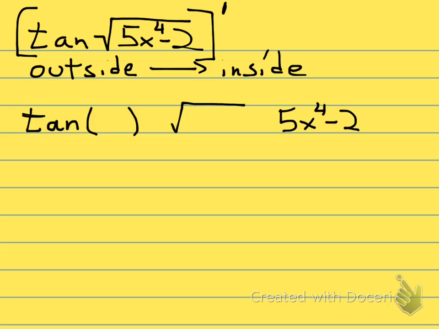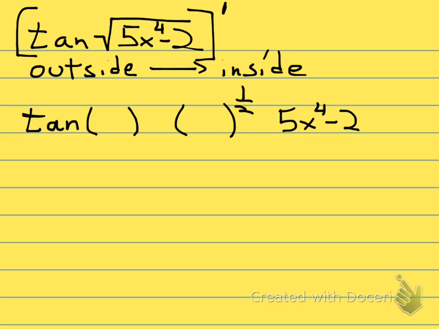Now, remember, this inside function, the square root, I am going to write that as to the 1/2 power. Instead of the square root, I just rewrote this to the 1/2 power. So now I am taking the derivative from outside to inside.